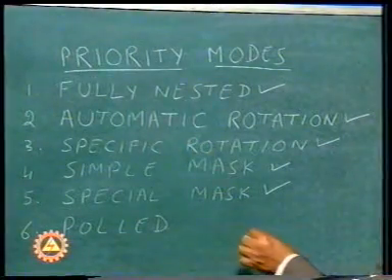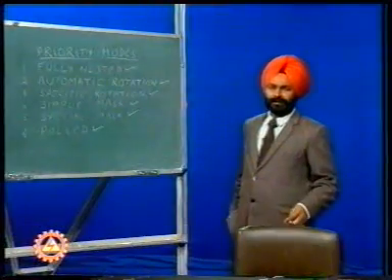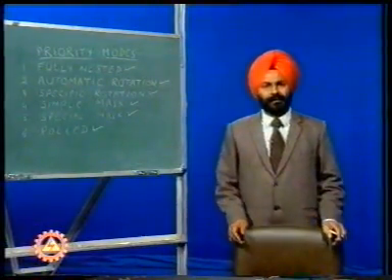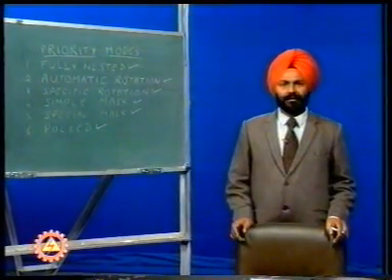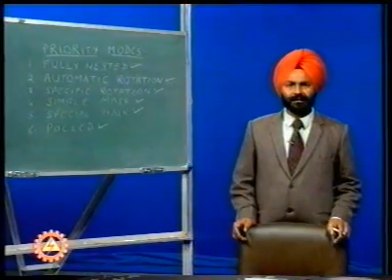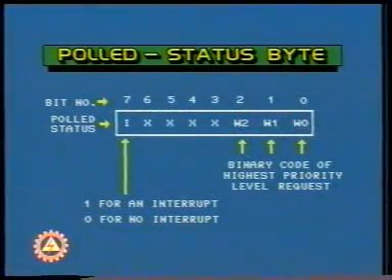Another mode of priorities is the polled mode. In this case, the priority arbitration is not done by the controller, rather the controller passes a status byte to the microprocessor. Bits 0 to 2 indicate the code of the highest priority level that is requesting the service.